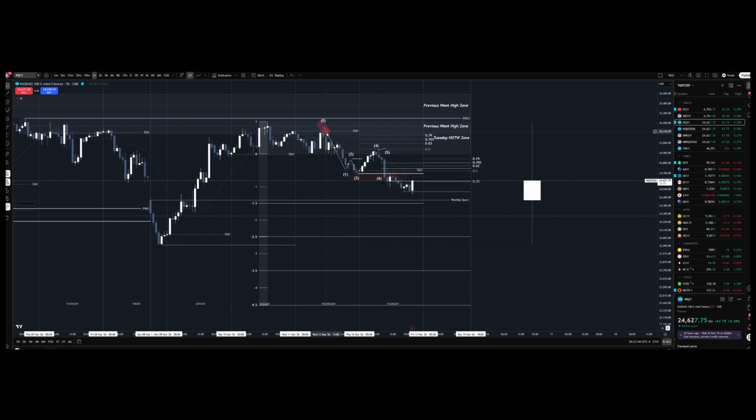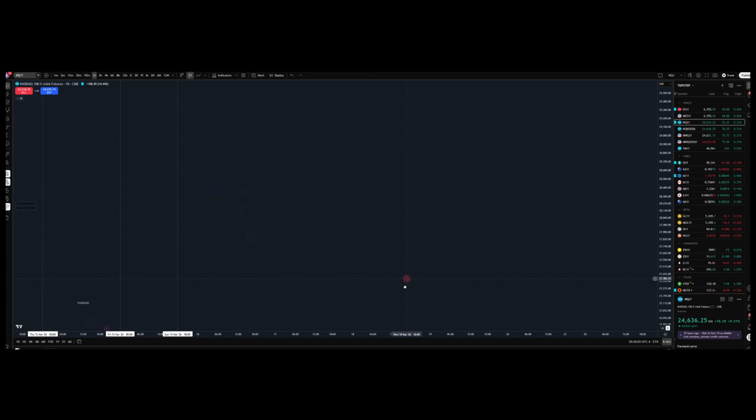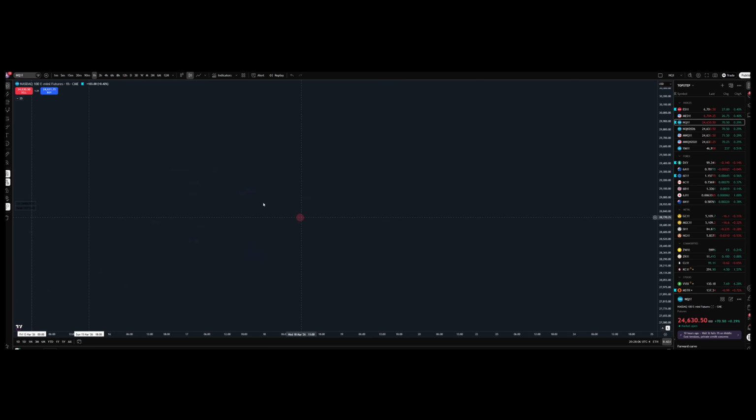So we can see we do external and we come back to that fair value gap in here. In, and then we can hit that external range, which is 3 there. So let's draw that out, which we did on stream today.